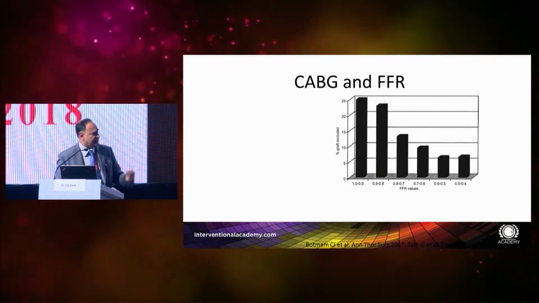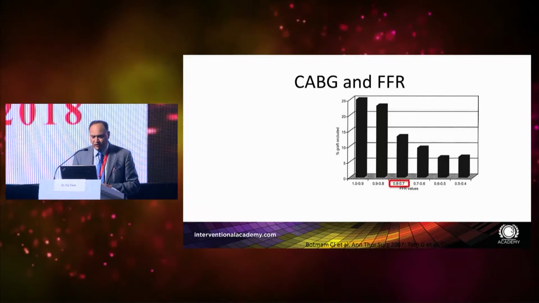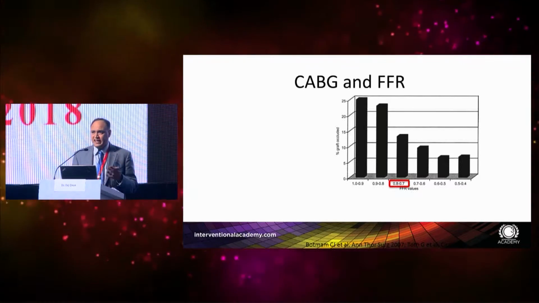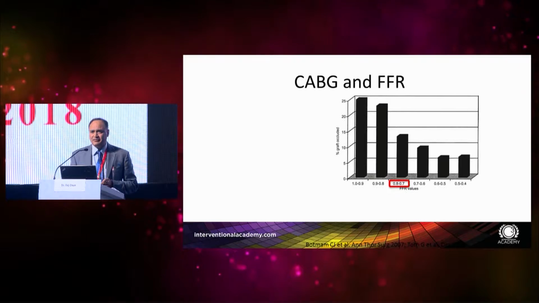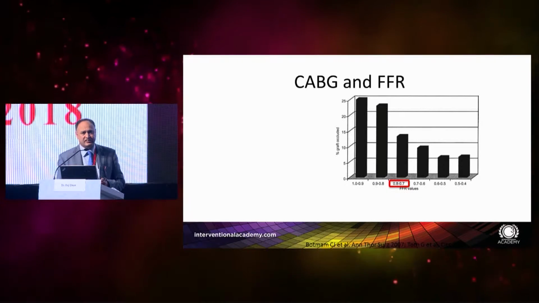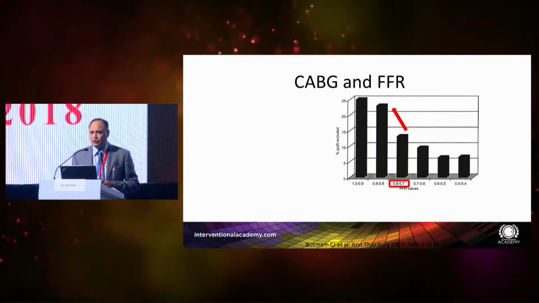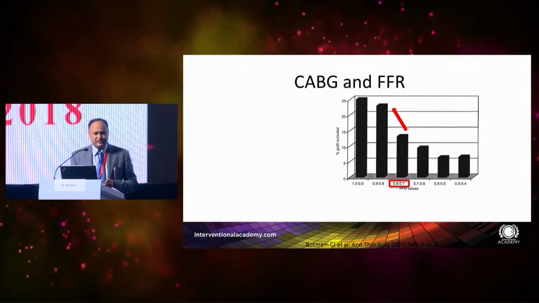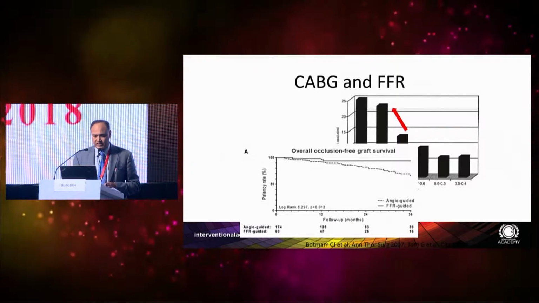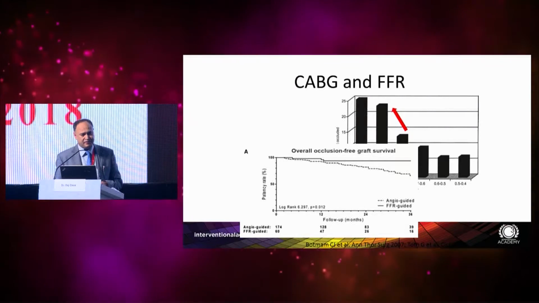In this particular study, and there are quite a few of these, you can see that when the FFR is more than 0.8 and a bypass graft is put into such a vessel, the graft patency is significantly reduced. Many more grafts get occluded when they are put into a vessel that does not have physiologically significant stenosis. So there is an impact on bypass graft patency.